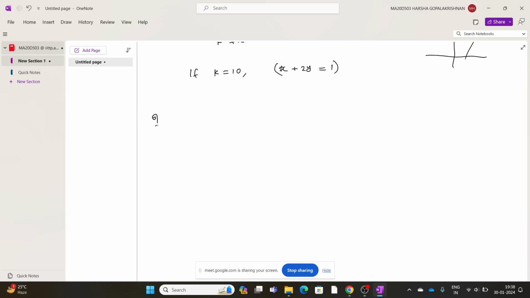Now we will see some statements. We need to check which of the following are true or false. If Ax equal to 0, x equal to 0 is a solution.